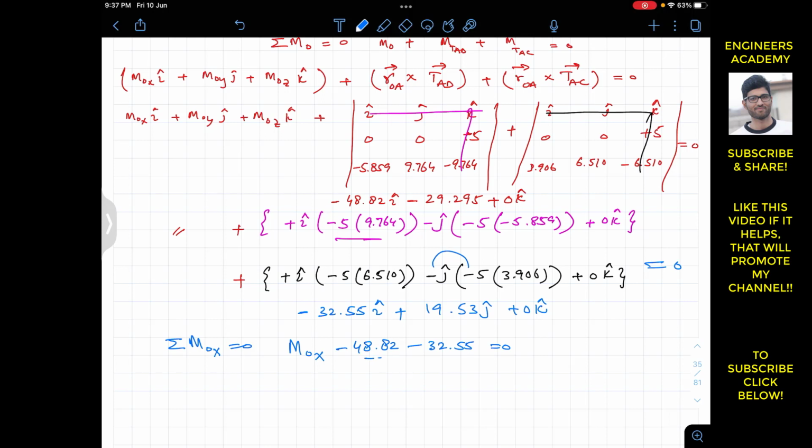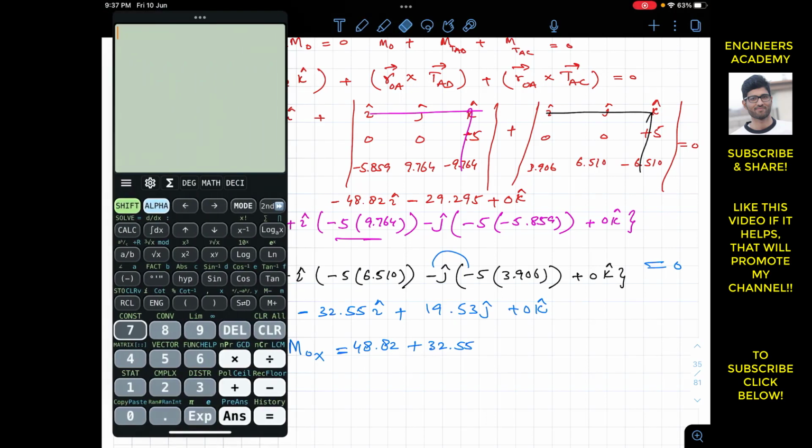On the other side of the equation, both of these terms will become positive. So we will have MOX equal to 48.82 plus 32.55. This gives me MOX equals 81.37 pound feet.